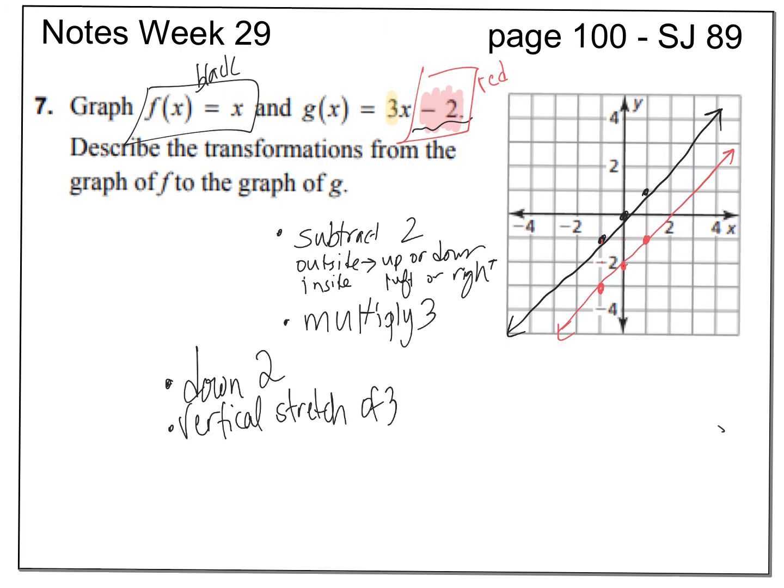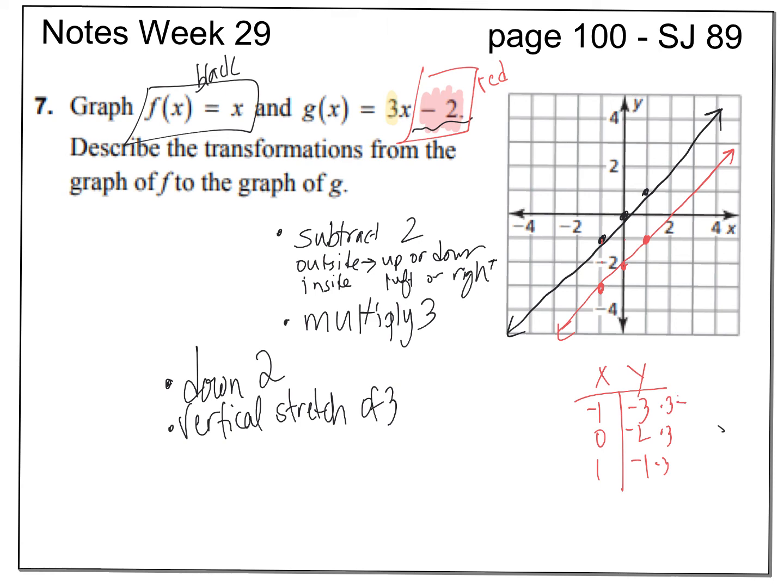And what are my ordered pairs? I've got negative 1, negative 3. I've got 0, negative 2, and 1, negative 1. To do a vertical stretch of 3, then I multiply your y values by 3.